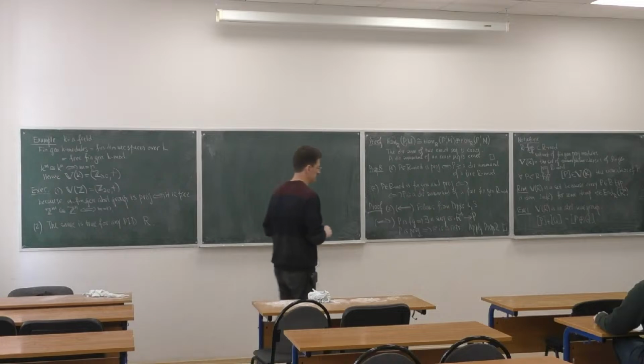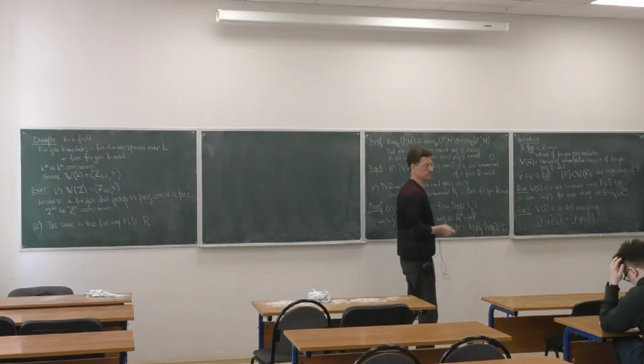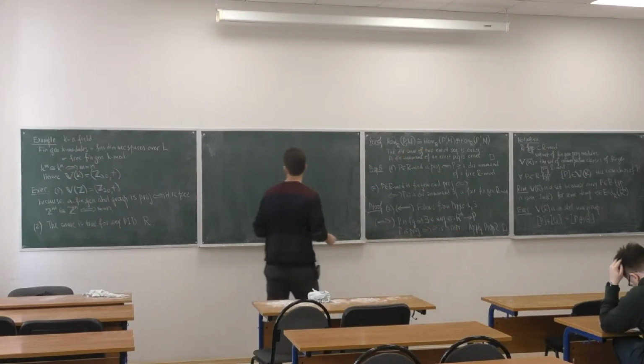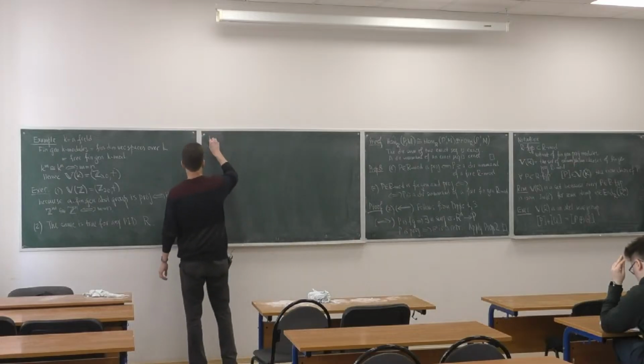Okay, let's now observe that V of R is actually a functor. It is natural in R. And this follows from the next proposition.